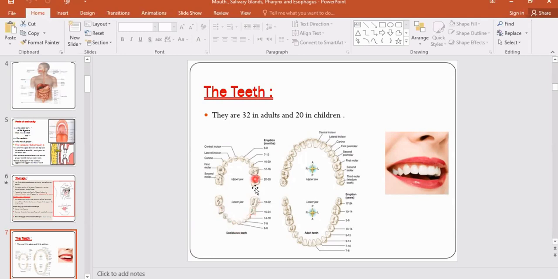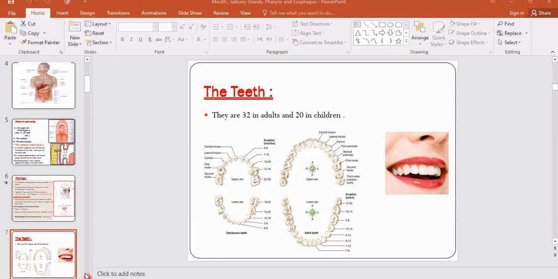When you have time, go through the names. We have 2 incisors in the upper jaw and 2 in the lower jaw. Then we have canines, then premolars and the molar teeth. This is how we complete the 32, 16 pairs.